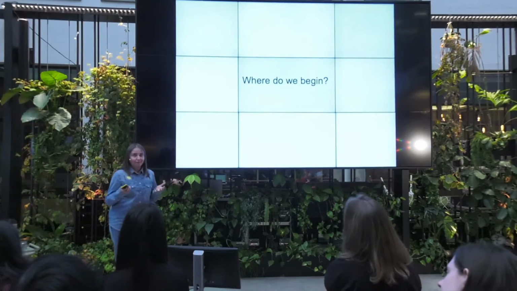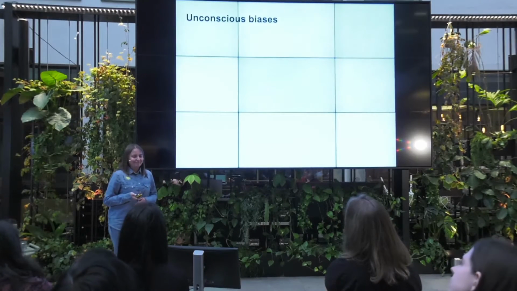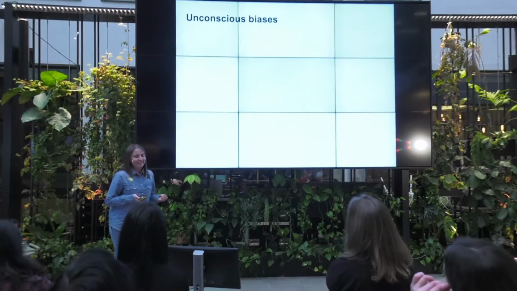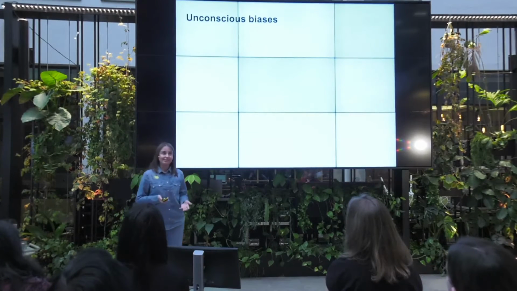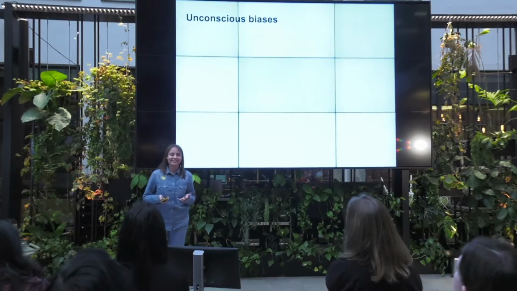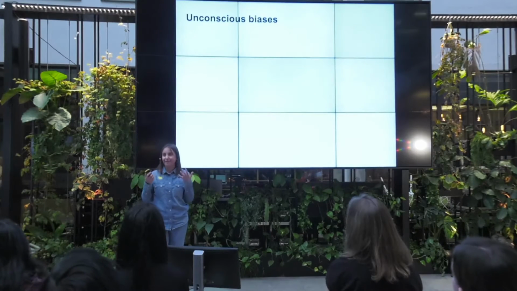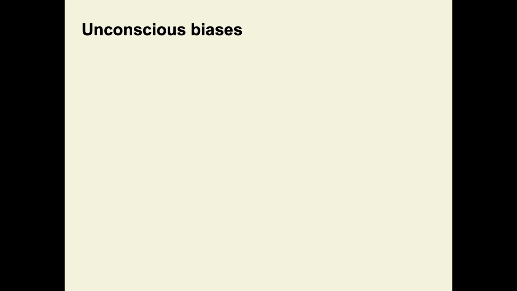So where do we begin? A good place to begin is our own biases. The way that our brains work, they are made to exclude information and make sense of information, and the way to do that is to have biases.